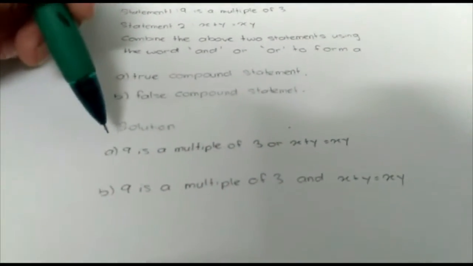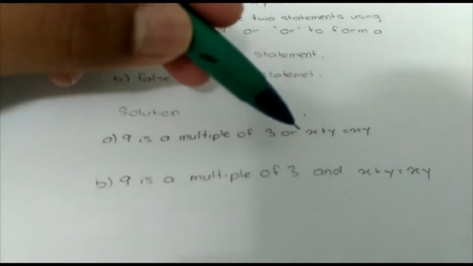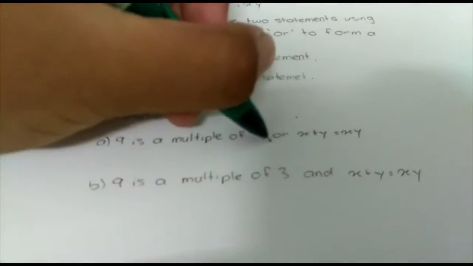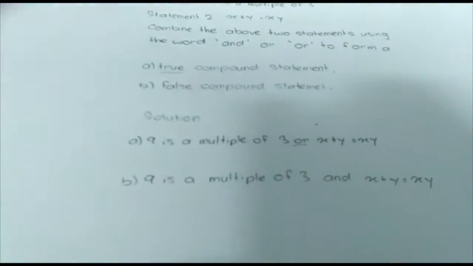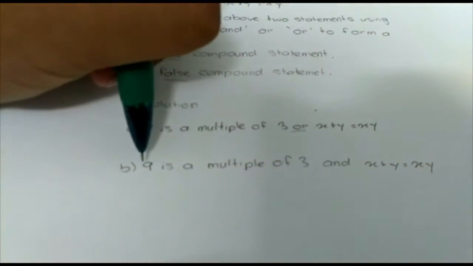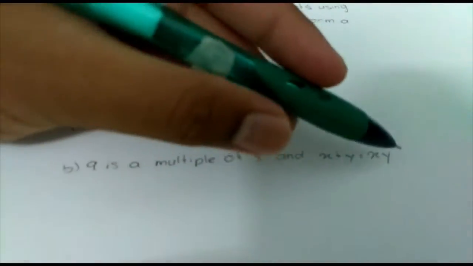So the solution is like this. 9 is a multiple of 3 or x plus y equals xy. We use 'or' because the first statement is true but the second statement is false. For the false compound statement, the answer is: 9 is a multiple of 3 and x plus y equals xy.